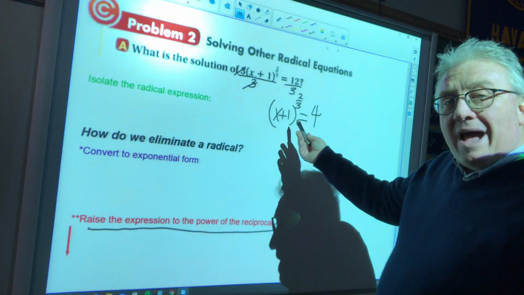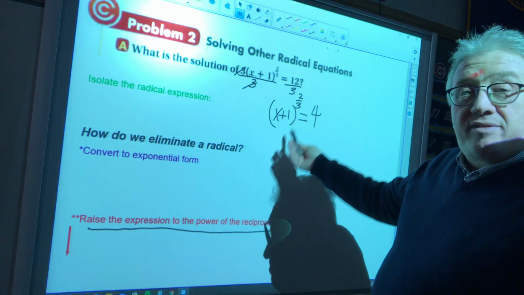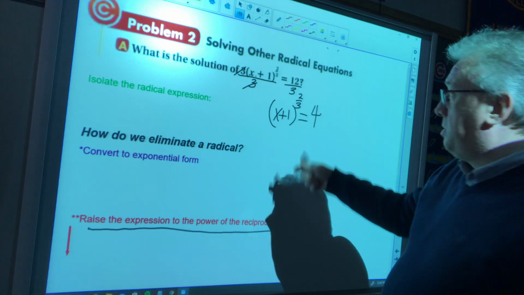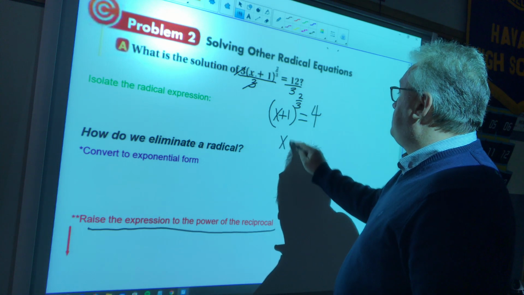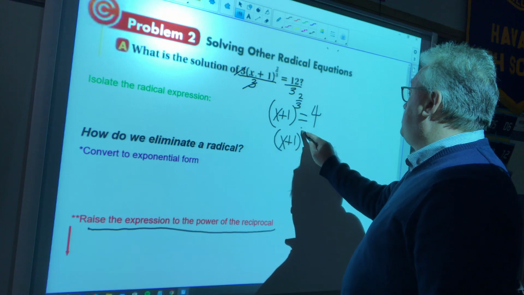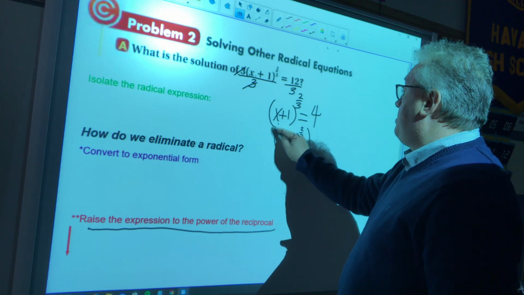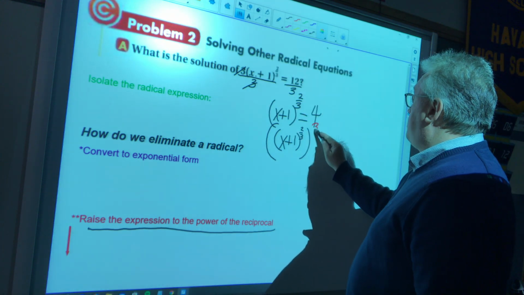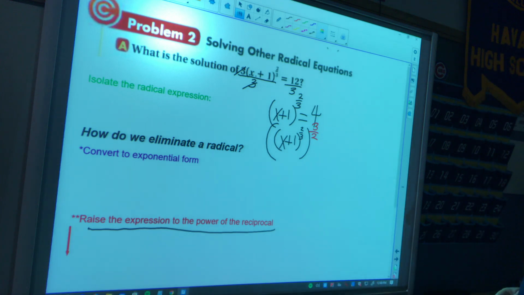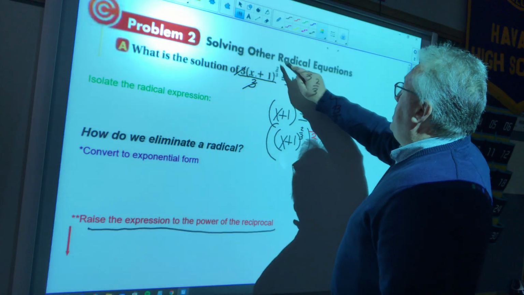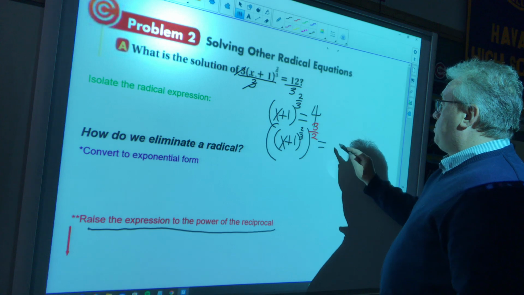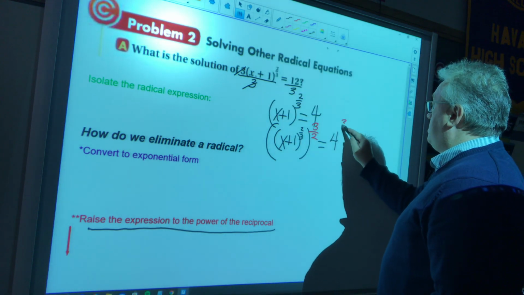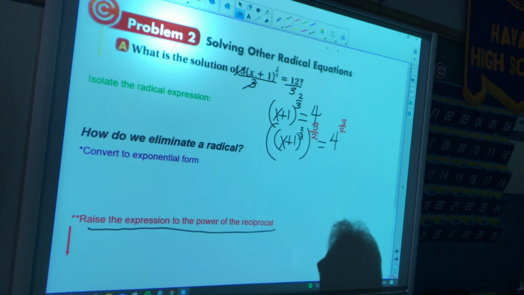Now, I've got a rational exponent here. So to get rid of it, I need to raise it to the power of its reciprocal. So I have x plus 1 to the 2/3 power, then I'm going to raise that to the 3/2 power, and that's equal to 4 also to the 3/2 power.